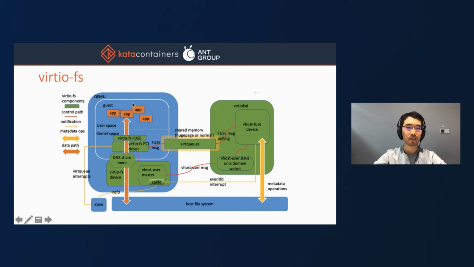And as shown in the architecture, it's a little bit complicated, and I'll just walk through a little bit of it. Firstly, it's a fuse file system, so applications can see all the contents via a fuse mount point inside the guest, and the fuse protocol is sent through a VirtIO queue to the host, and on the host there is a VirtualFSD process.